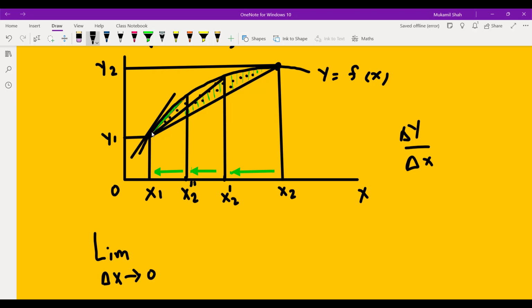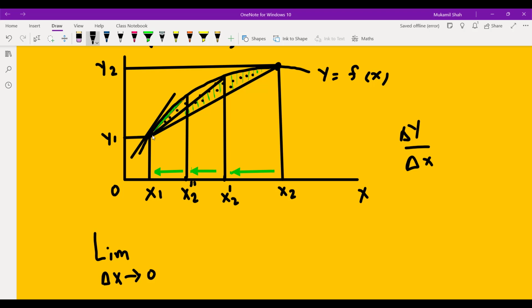If we join the 2 points, this line joins 2 points which are pretty close to each other, such that this straight line touches the graph of the function of x at a single point. Why?